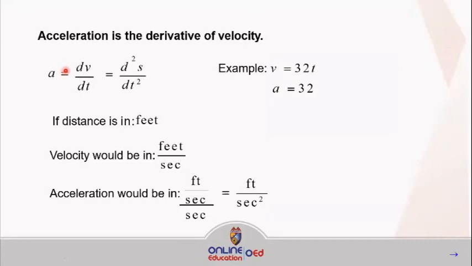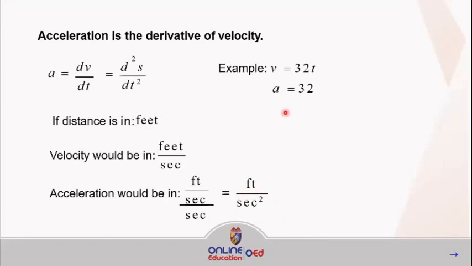Then, an additional application is acceleration, letter a. We have dv over dt, or the second derivative, d squared s over dt squared. When we use feet for distance, velocity is feet per second, and acceleration is feet per second over second, which equals feet per second squared.